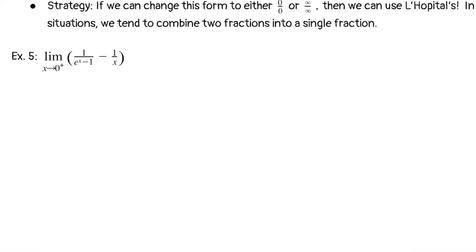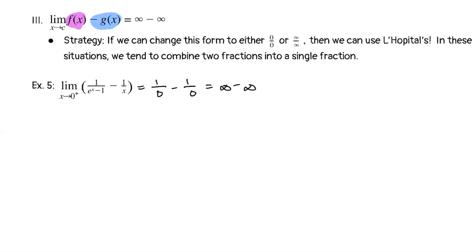So let's take a look at this first example. What happens when we plug in 0? I end up with 1 over 0 minus 1 over 0, which is infinity minus infinity. That matches exactly with the case that we have here. So let's take two fractions and turn them into a single fraction. When we're doing that, we want to think least common denominator.